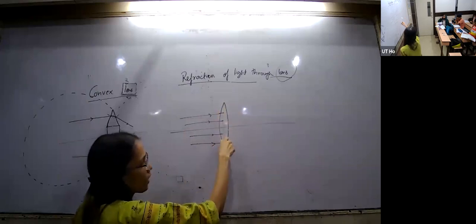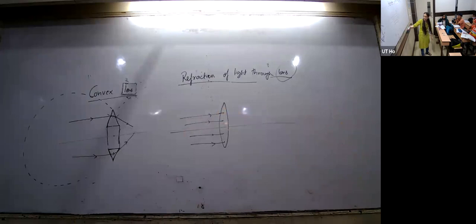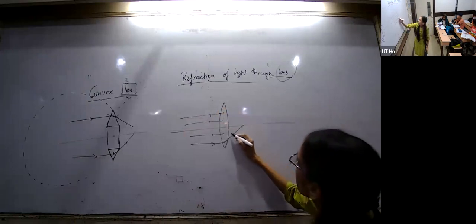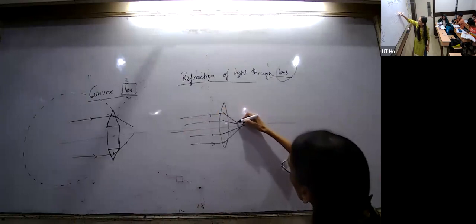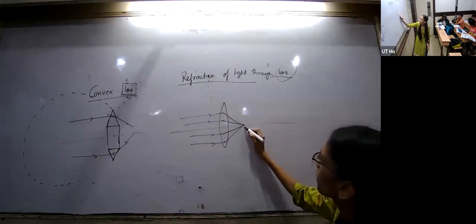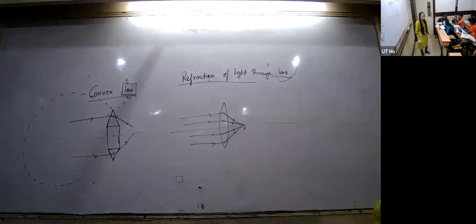And it bends them towards the principal axis. They all will converge at a point, forming an image, and that point is known as Focus. Principal Focus. Single is focus, plural is foci, F-O-C-I.